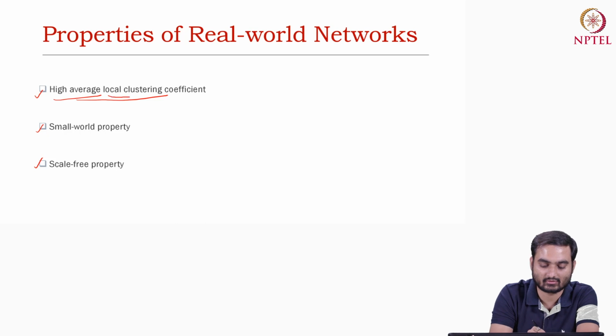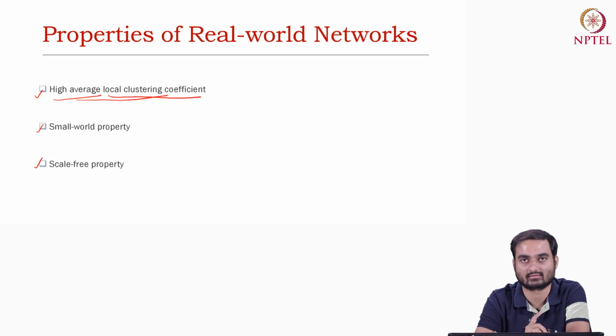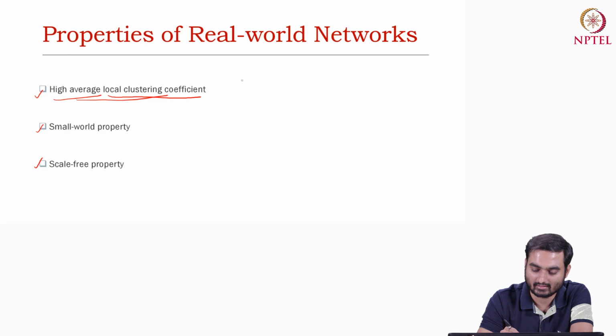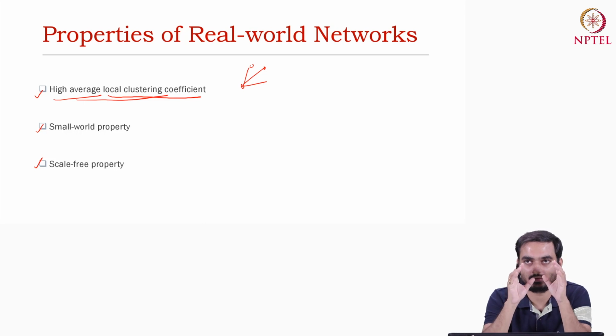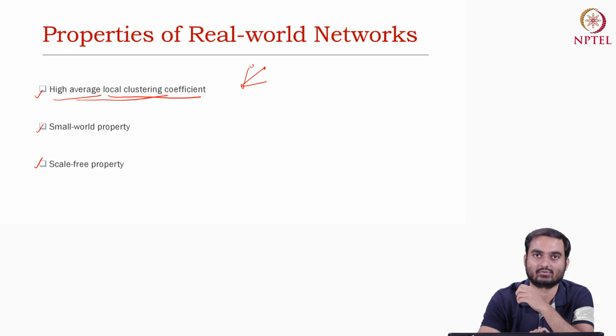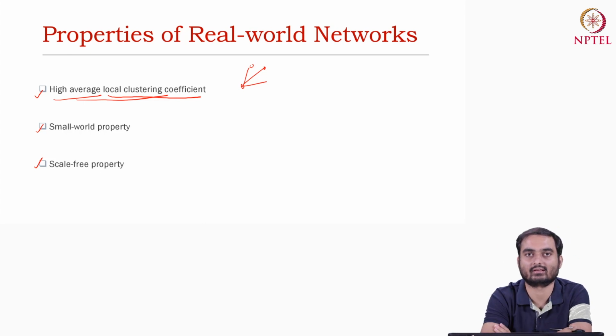Local clustering coefficient is something that we discussed in the last lecture. If you remember, for a given node you look at their neighbors, and then you create an induced subgraph of neighbors, and then you look at the actual number of edges among the neighbors, and you divide it by the possible number of edges among the neighbors. That is the local clustering coefficient, and then you take an average across all the nodes.